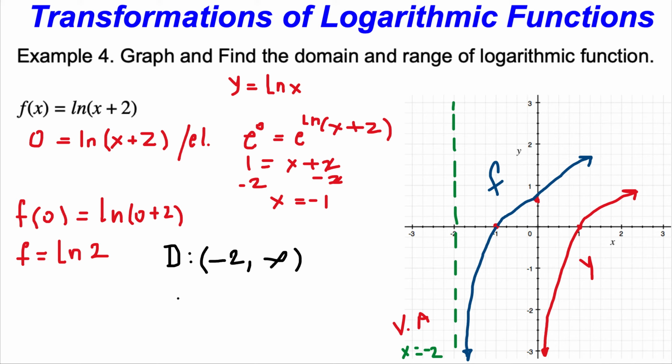And what is the range? The range as we see is from minus infinity to positive infinity. So it's all real numbers. This is the range of this logarithmic function f of x.